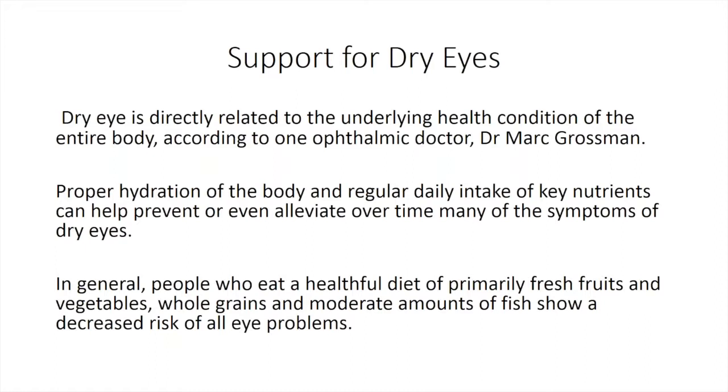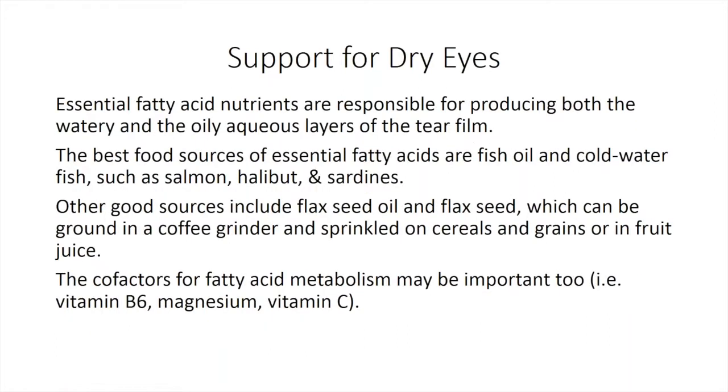That's an epidemiological observation and association, essentially, whereas there are lots of studies that show key nutrients have a much more direct role to play in dry eyes. Essential fatty acid nutrients, so that's fats, fatty acids, are responsible for producing both the watery and the oily aqueous layers of the tear film. And the best sources of these are, of course, cold water fish: salmon, halibut, sardines, pilchards, mackerel, anchovies even as well, and they're the sources of fats.